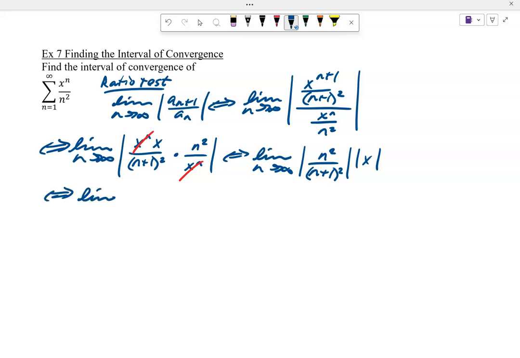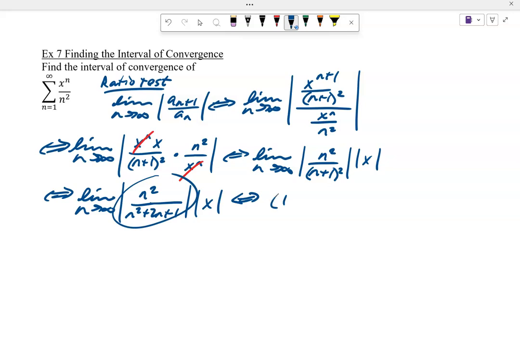So we got the limit n goes to infinity of n squared over n squared plus 2n plus 1. And so this part, that'll give you 1. So you just got 1 times the absolute value of x. And so we just end up with the absolute value of x.